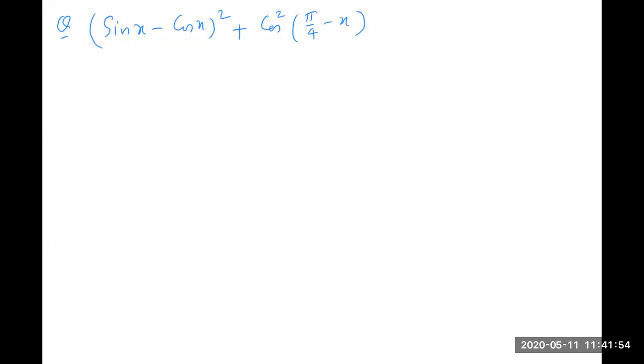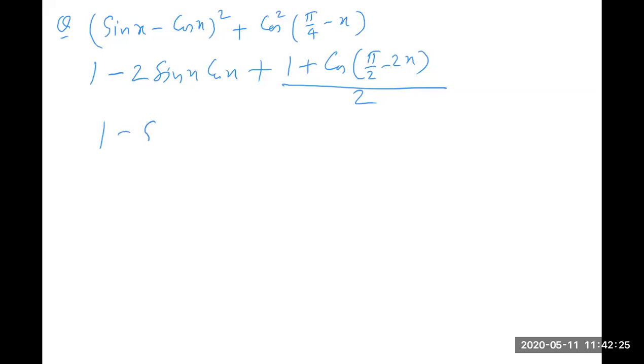See, in this, first expand: sin square x plus cos square x is 1, minus 2 sin x cos x, plus cos square (pi by 4 minus x). Cos square is (1 plus cos of (pi by 2 minus 2x)) upon 2.